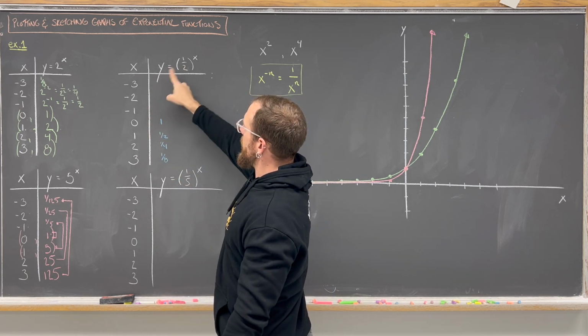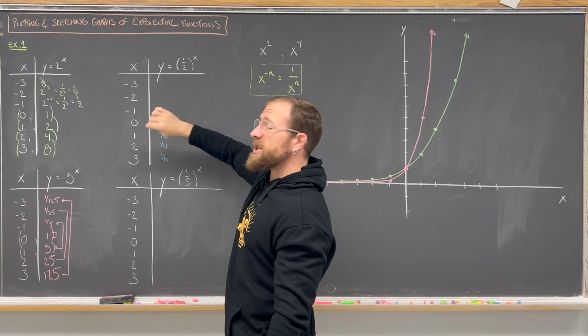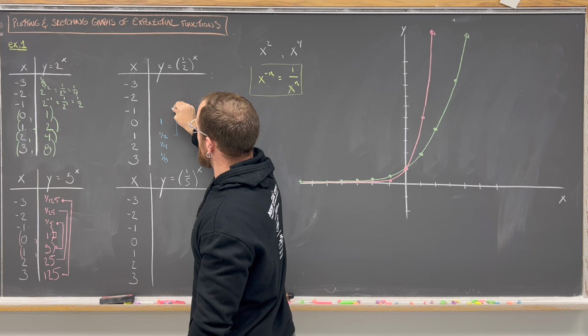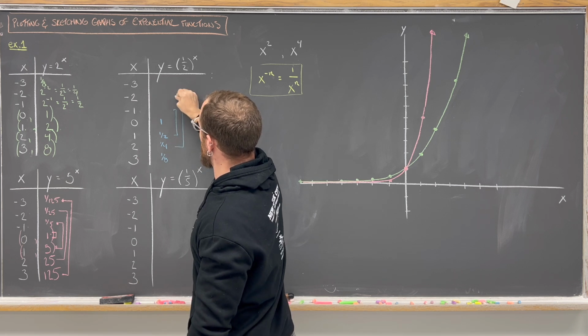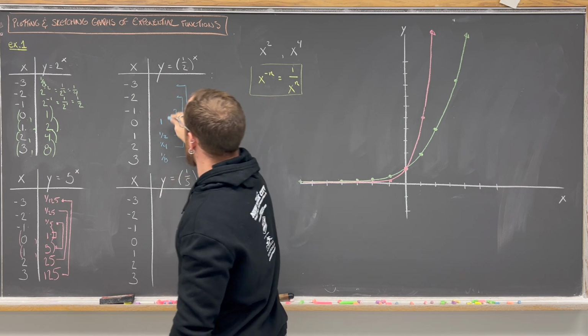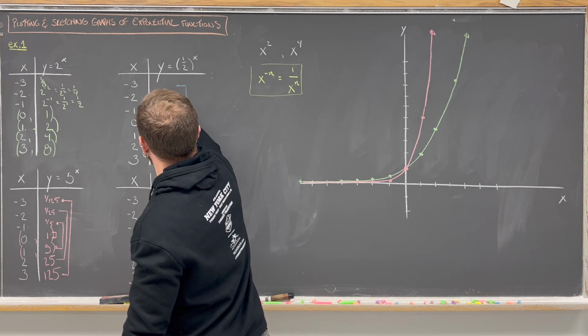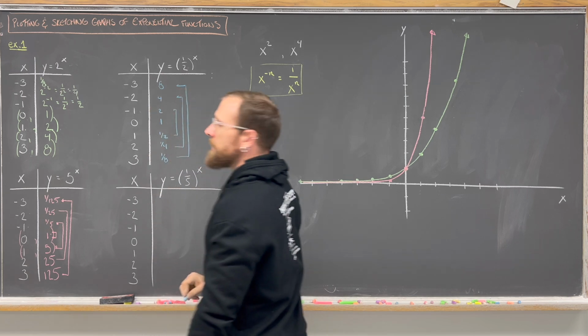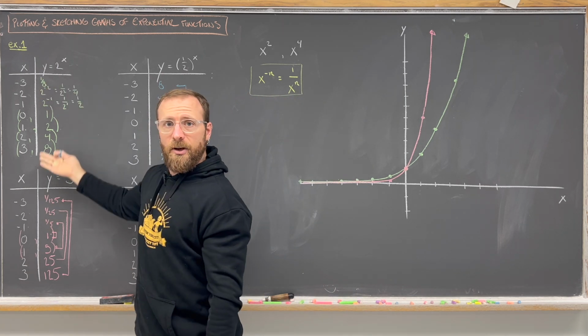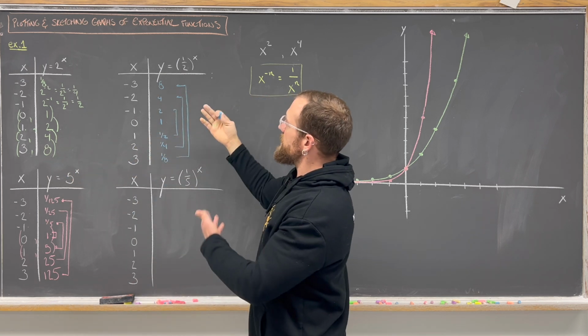Anything to the 0th power is 1. And when I raise 1/2 to negative exponents, I get the reciprocal of what I got when I raised them to the positive exponents. So I just have to flip these fractions to get the values of 1/2 raised to these powers. I'm going to get 2, 4, and 8. You might notice that that's the same outputs as this function over here, but for different positions.